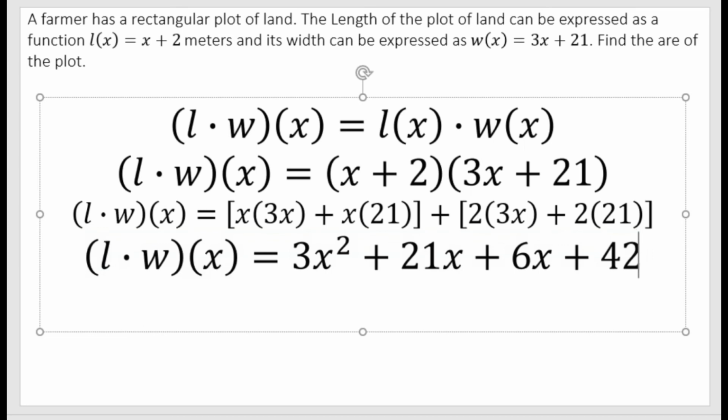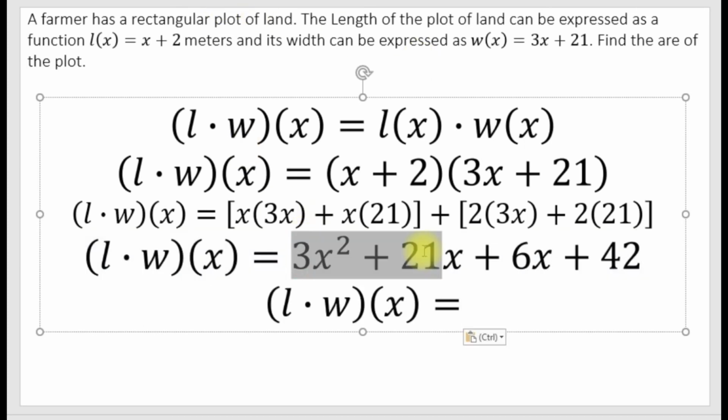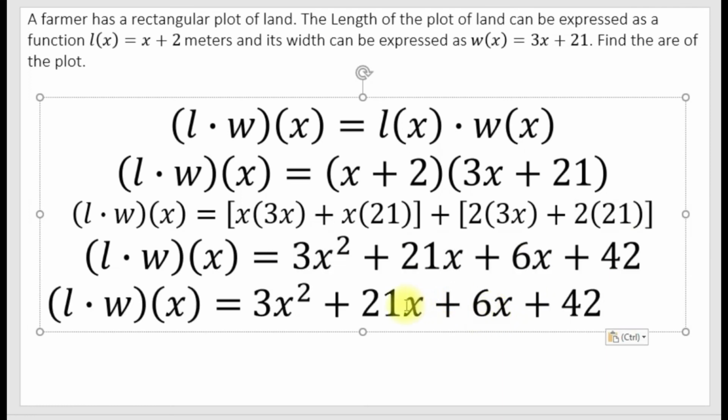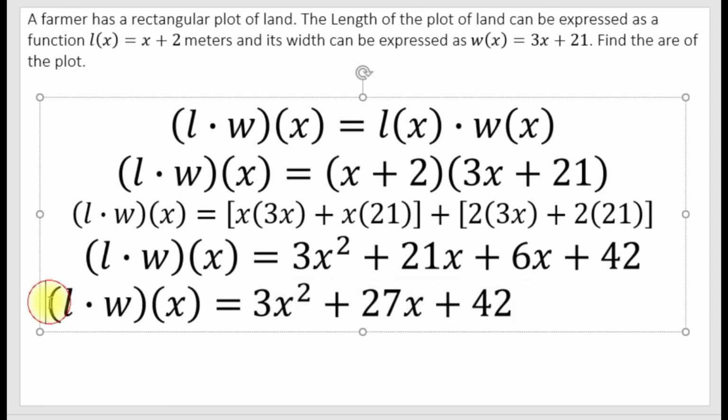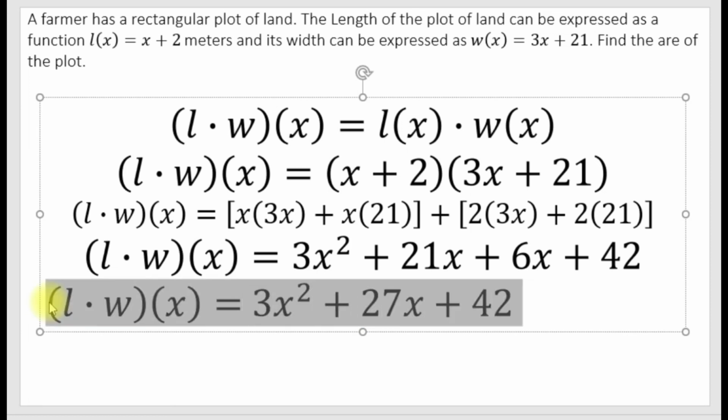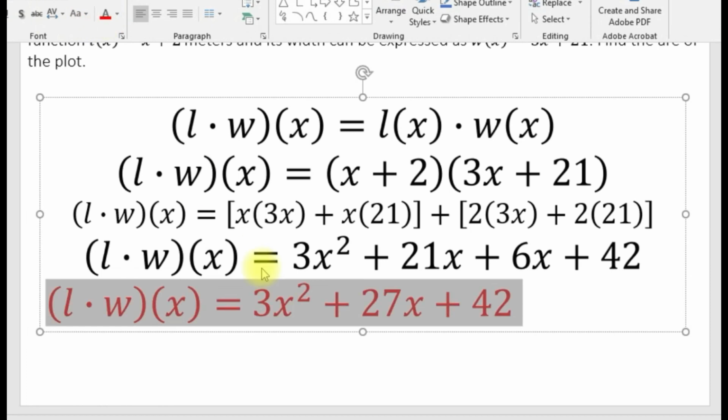And then we're going to combine similar terms. So we'll have 21x plus 6x, that is 27x. So therefore, our final answer is L times W of x is equal to 3x squared plus 27x plus 42.